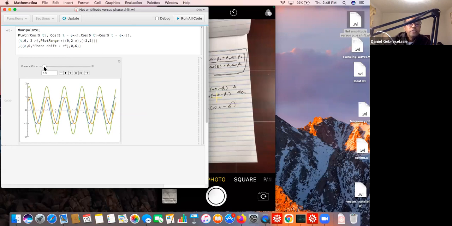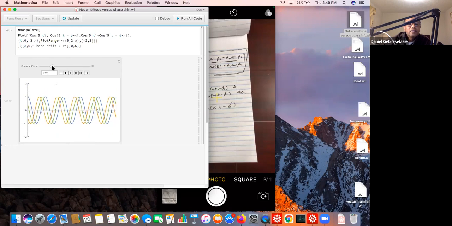So as the phase shift increases, you see the amplitude decreases, okay? Now eventually, when the phase shift is pi, which means they are out of phase, you see? Now they're moving in opposite directions. When this goes up, this goes down. Basically, they cancel each other. We're adding them, okay? So you get a 0 amplitude over here. You see that?